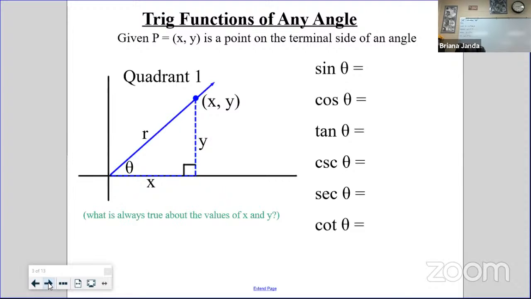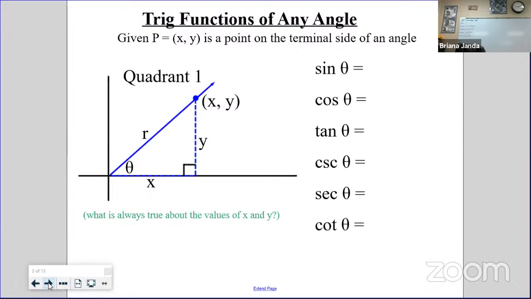Looking at a right triangle drawn in quadrant 1. So if you know your quadrants, it goes 1, 2, 3, 4, in this direction as you move around a circle, that is how we get to that location.